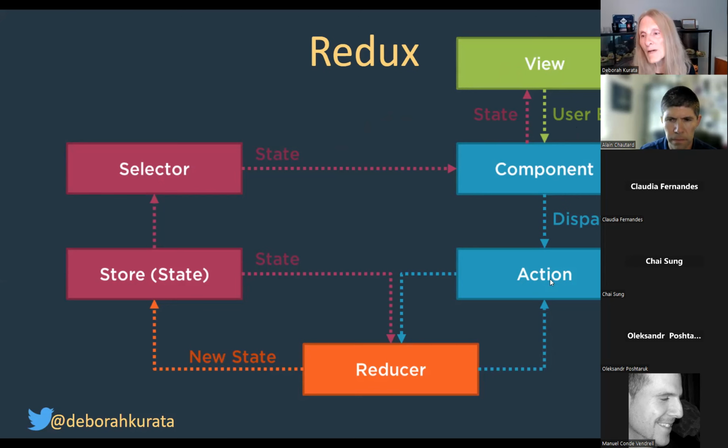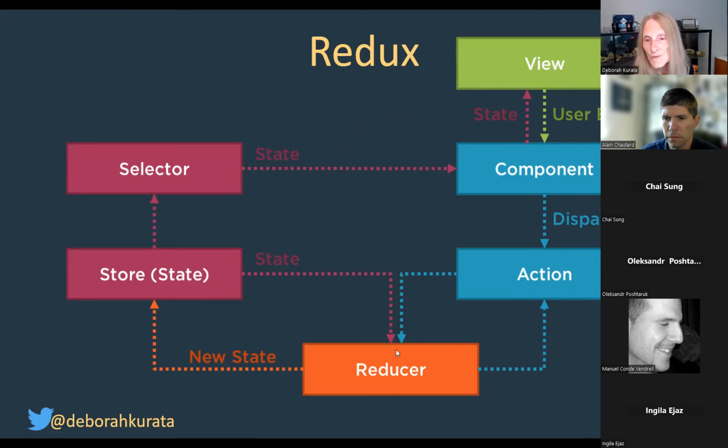The component then passes that along to a service, which performs the action. It uses a reducer that will take in the existing state and create new state. So it's very much based on immutability. We never just update something, rather we always create new. So we take existing state, create new state, and put it back into our state store. So that's our pattern that we're going to use.